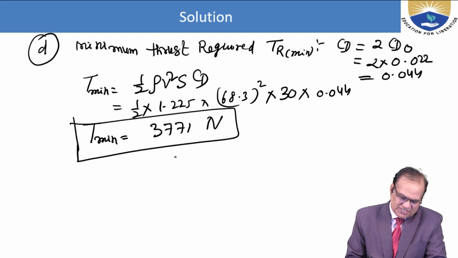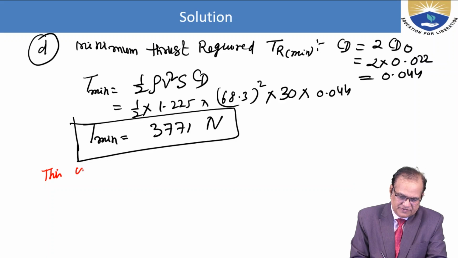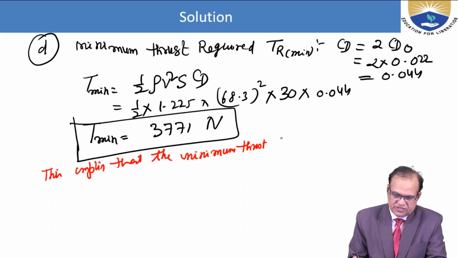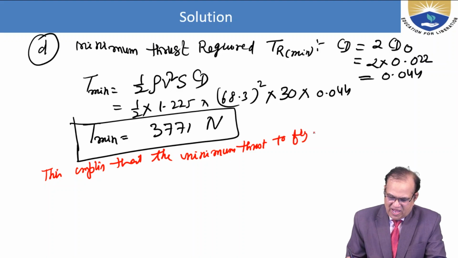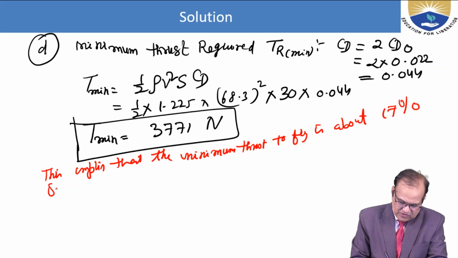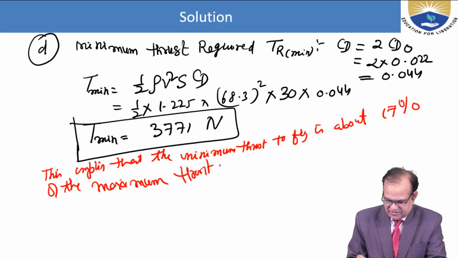So this implies that the minimum thrust to fly is about 17% of the maximum thrust required.